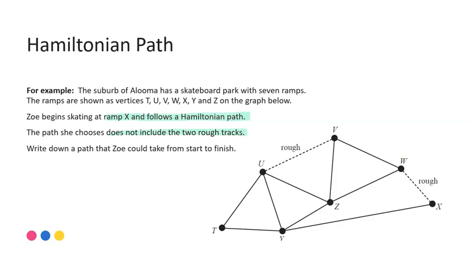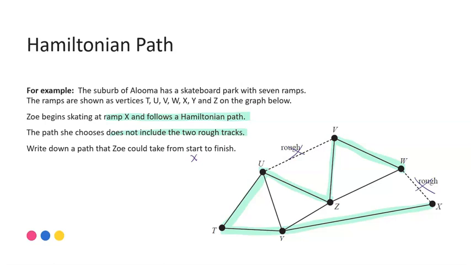So remember, she's starting at X, and we're not including these two rough paths or edges there. And so again, just starting at X and working our way through, she has to visit every ramp or every location. So we've got to be careful because she can't use those rough paths. So we can come through to U, V, and W. So again, there are multiple answers here.